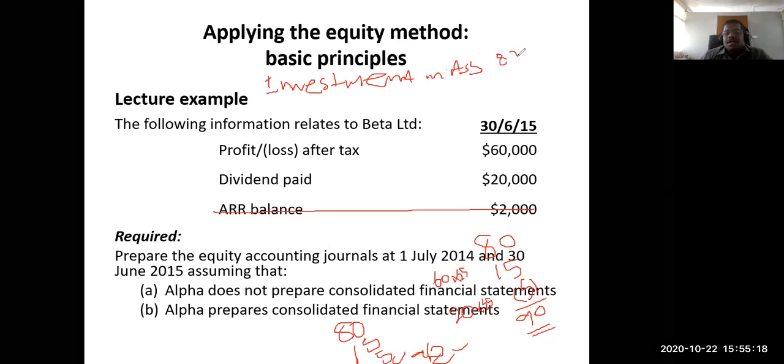That's the first journal entry. And cash credit 80. That is when Alpha does not prepare consolidated statements.